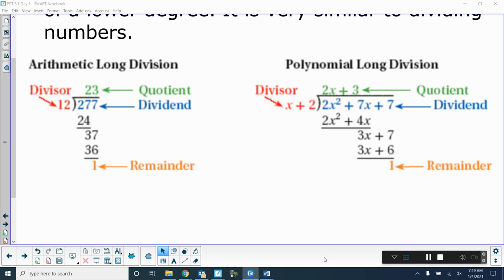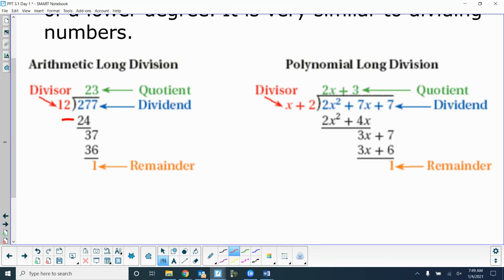At this point, I subtract that 24 from the 27. And that's where this 3 comes from. All right? The 7 is just dropping that 7 straight down next to the 3.